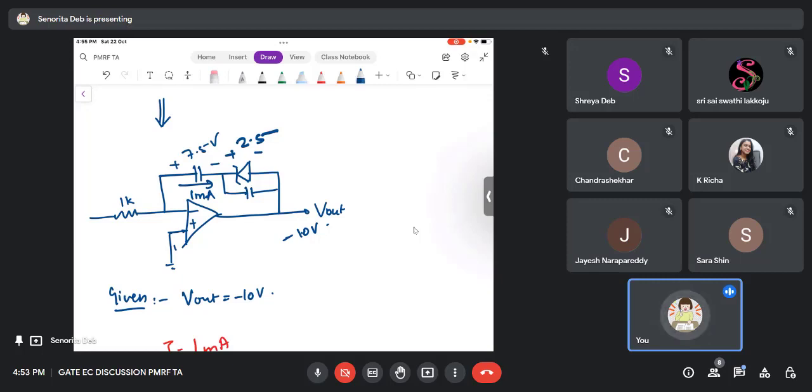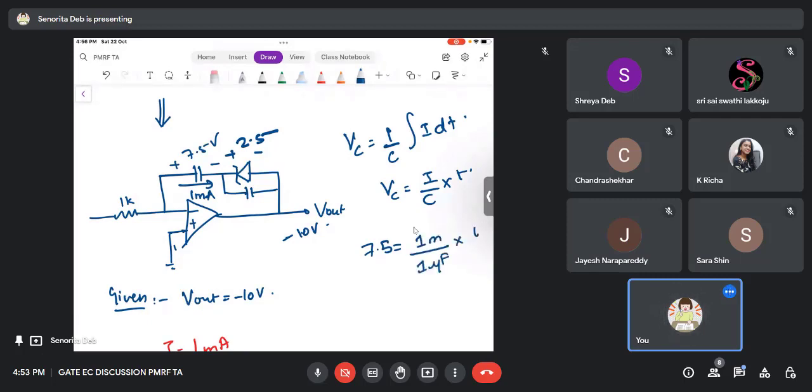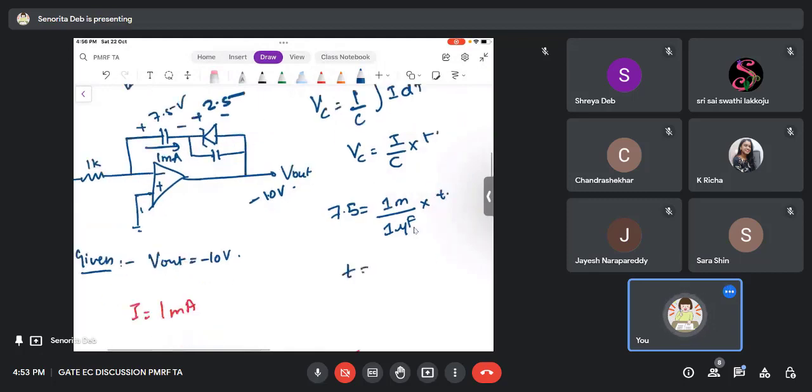Correct? What they had asked? They have asked the time. So, VC is equals to, you know, right? Simple, put 7.5 equals to 1 milliamps by C is 1 microfarad into T. Just put in the values, see what T you are getting.